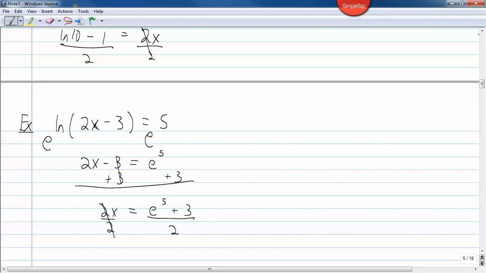So there's my answer. You can find a decimal for it in your calculator, put e to the x, then 5 in there, plus 3, whatever that gives you, divide it all by 2, you got your answer. 75.70. Okay. Sounds good.